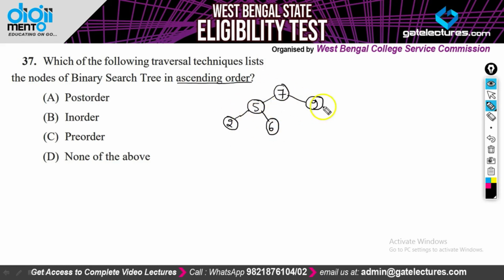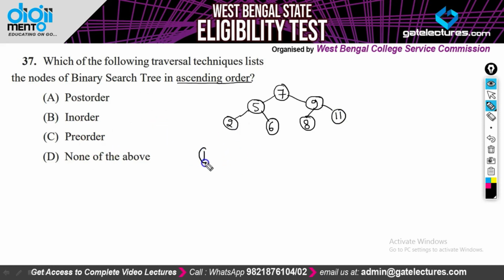We must always check whether it is following the BST properties or not. So it should be greater than 7 and less than 9, so let's suppose it is 8, and here let's say 11.